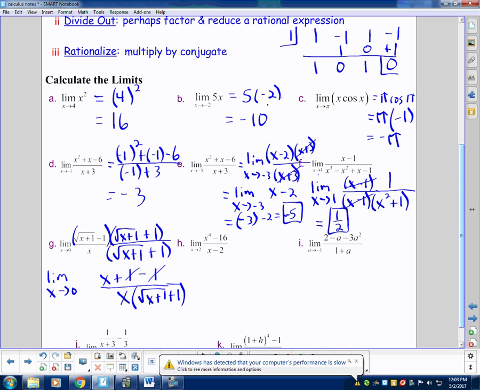So what I have here is the limit as x approaches 0 of 1 over this mess: square root of x plus 1, plus 1.